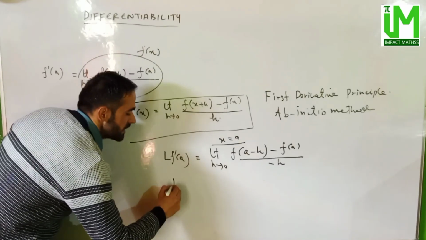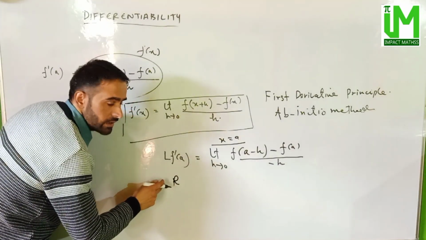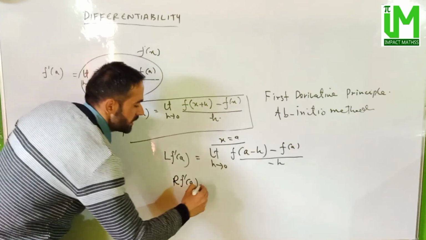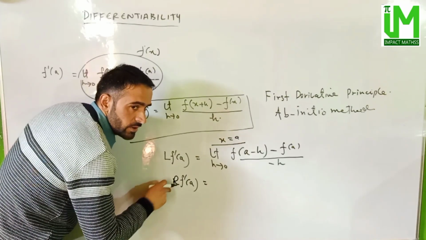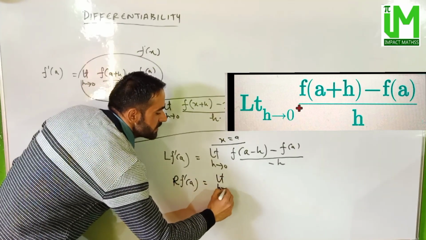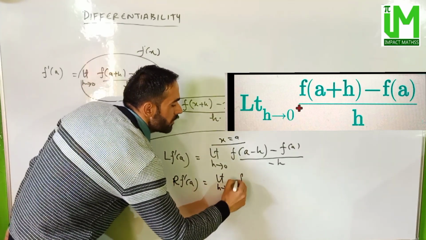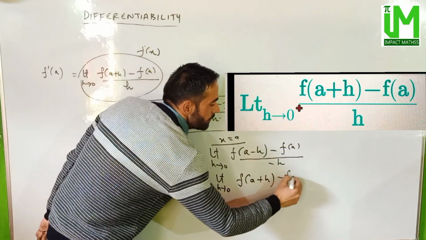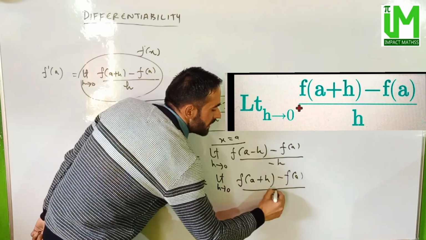And the right hand derivative is denoted by R f dash of A, meaning the right hand derivative of f at A. It is written as limit h tends to 0 of f of A plus h minus f of A, divided by plus h.